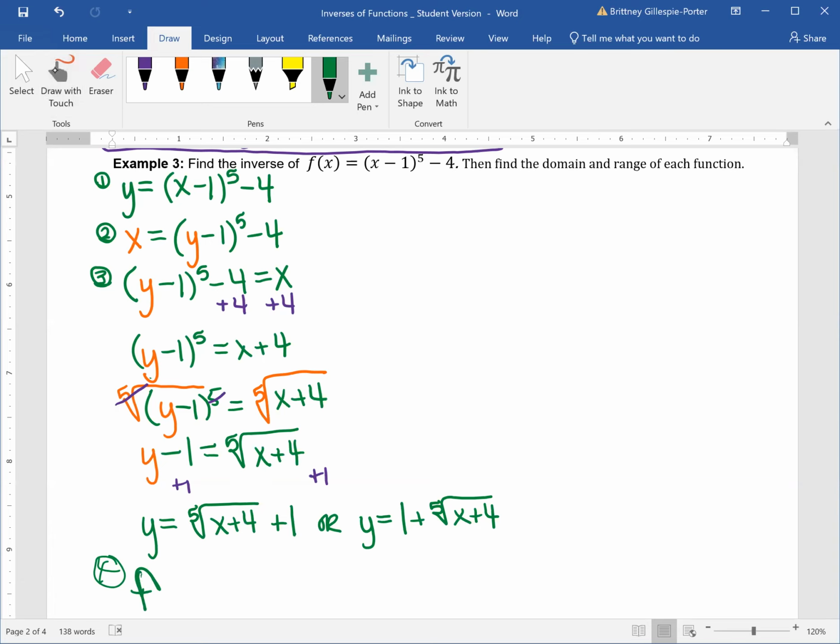So f inverse of x is equal to the fifth root of x plus 4, plus 1. So this time we have a radical equation for our inverse. It is not a polynomial, but that's okay. We can still find the inverse.